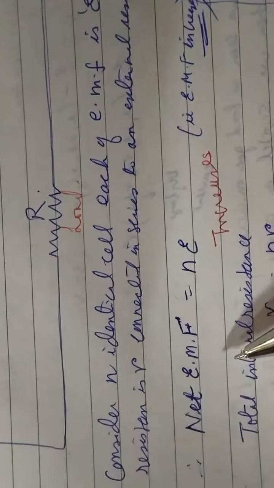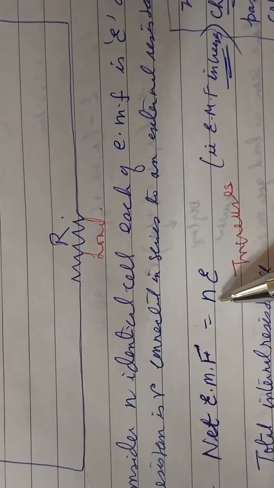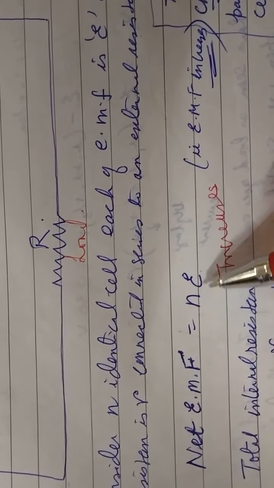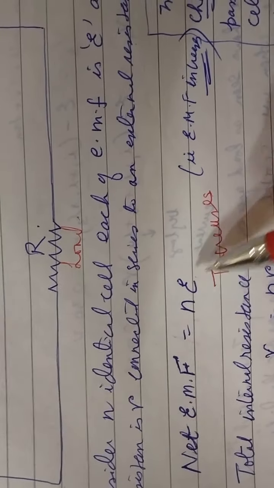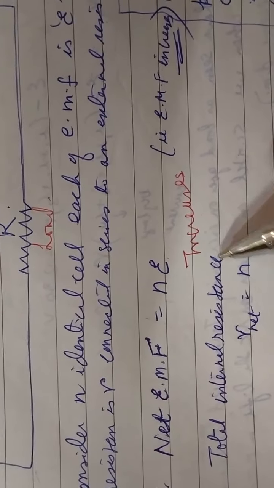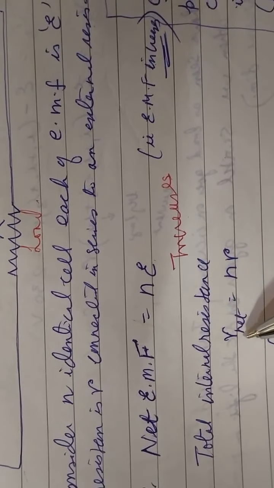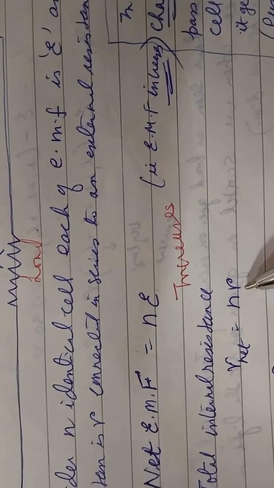The net EMF, or equivalent EMF, will be nE, as all will add up. So EMF increases in series. Now, what is the total internal resistance? Small r is used for representing the internal resistance, so it will be nr.